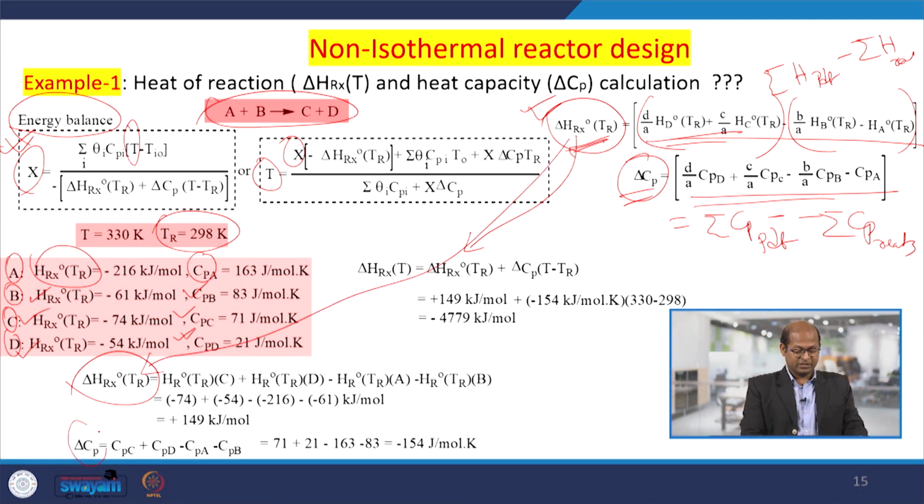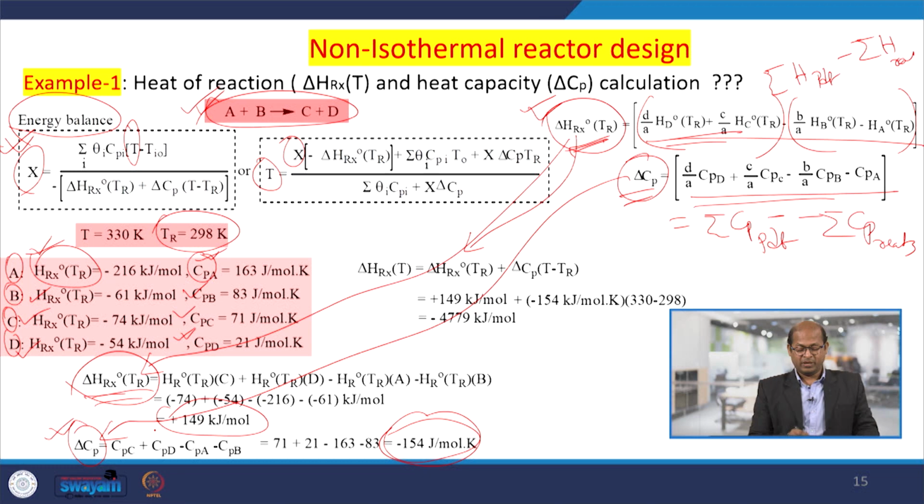If all the components' heats of reaction and heat capacities are known, then the change in heat of reaction and the change in heat capacity can be found.